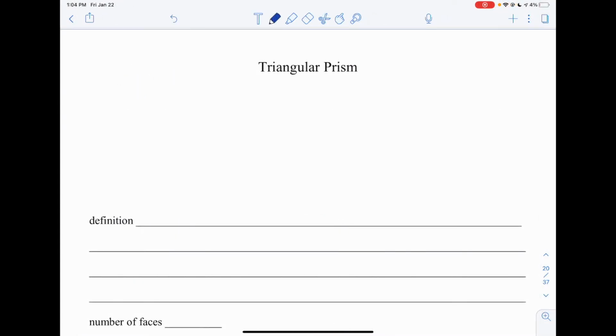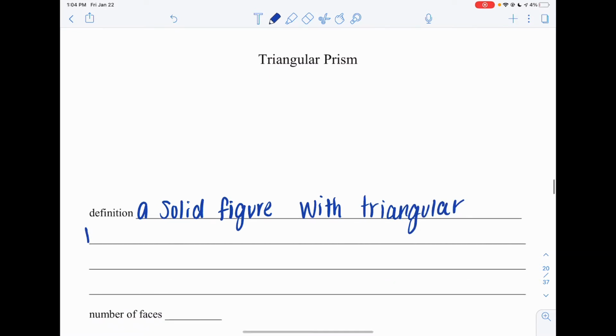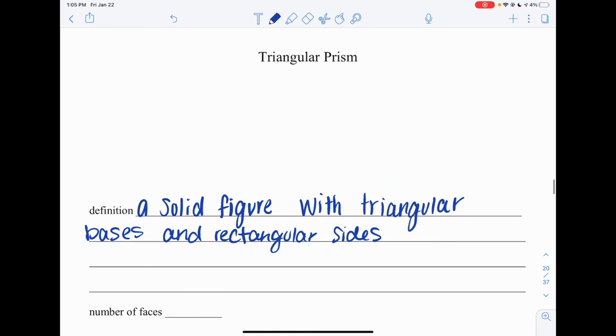Now as we are doing the triangular prism, the definition of a triangular prism is a solid figure with triangular bases and rectangular sides. Okay, so I have a solid figure with triangular bases and rectangular sides.